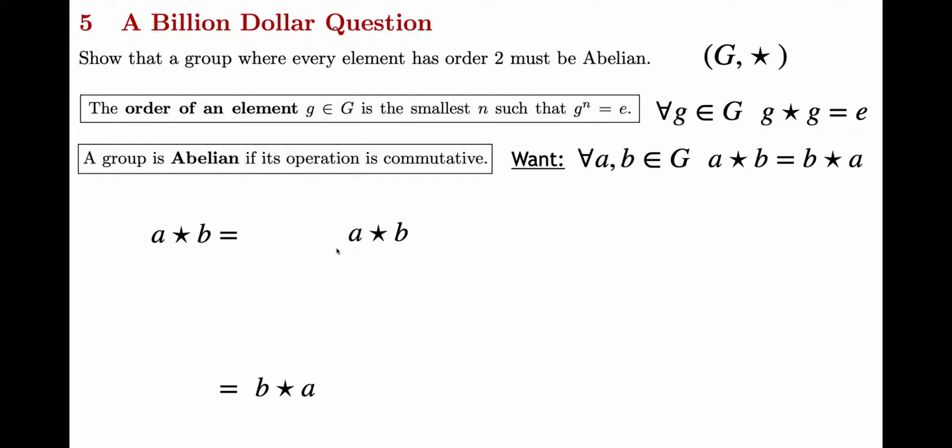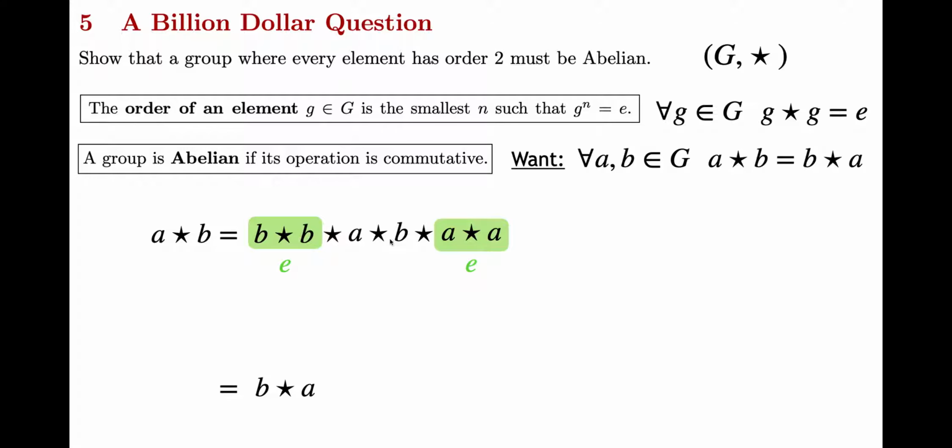So I'm going to star our starting quantity on either side by the identity, but I'm going to represent the identity as B star B on the left, star A on the right. And remember, this is okay because we're really just starring with the identity element.